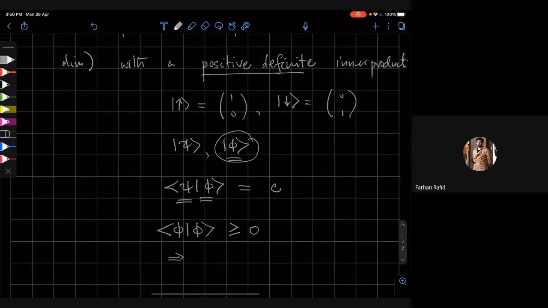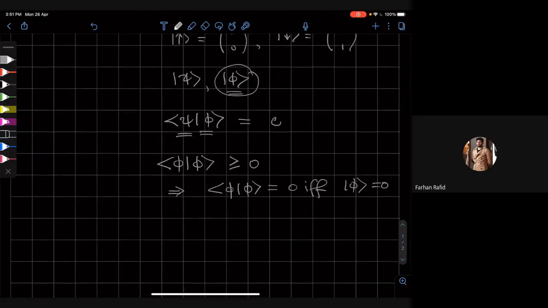And it is 0 if and only if the vector itself is 0, that is, if the vector has this form. Okay? So that's just a Hilbert space.